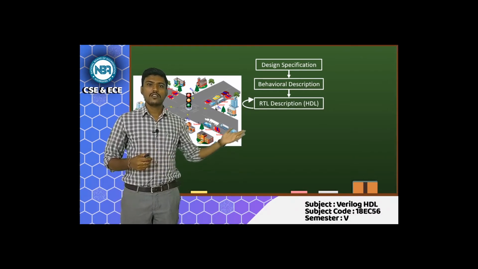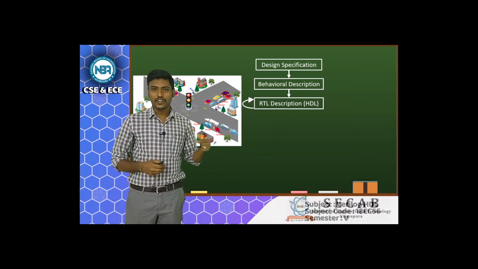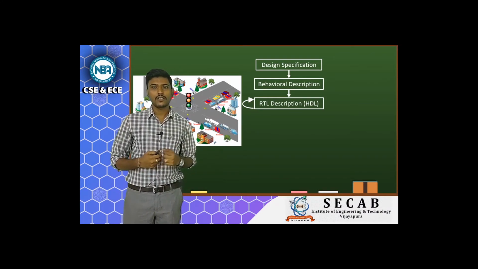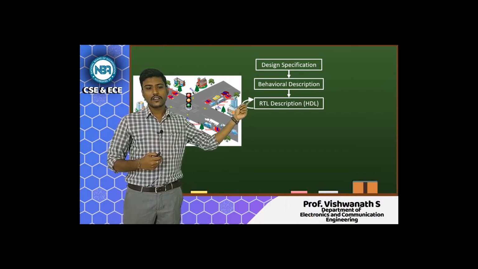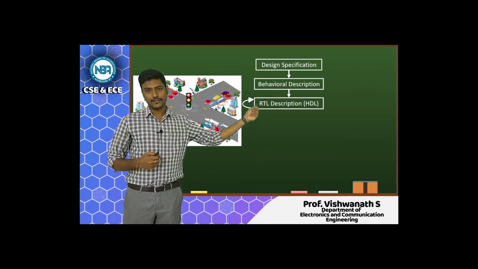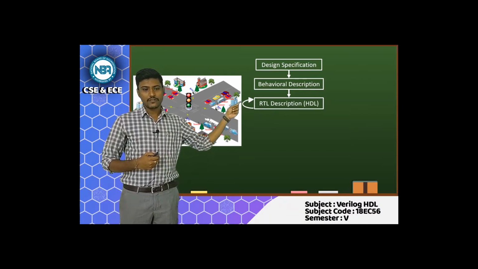If he finds any bug or any error in that particular design, then he should rectify that error in the same HDL itself. That is why this particular arrow mark has been given.